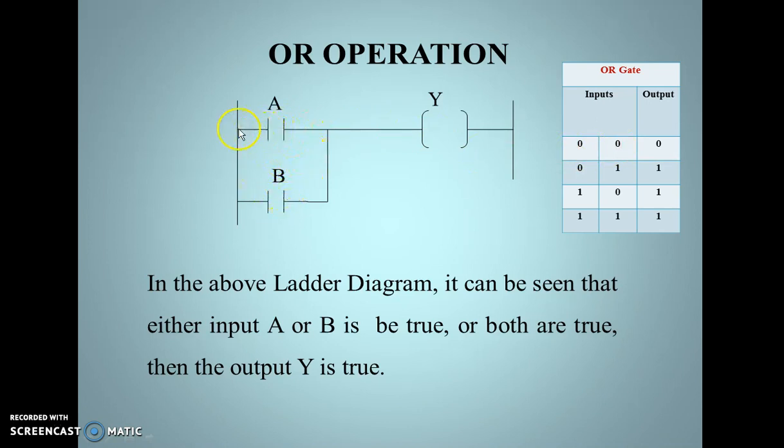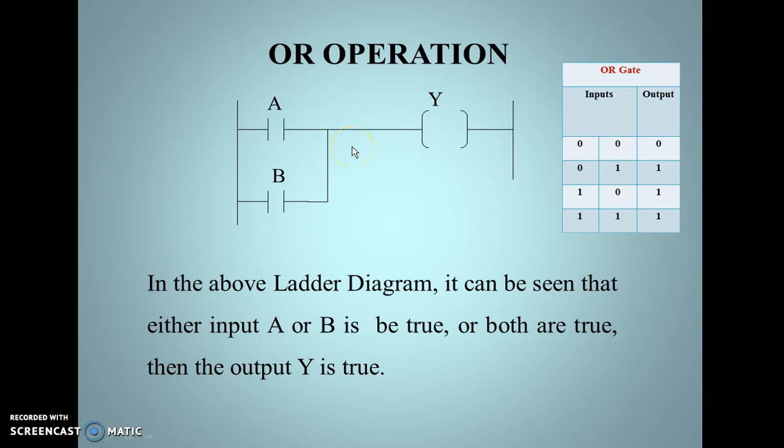When logic 1 is applied to the contact A, we get the output, or when B is also applied as logic 1, then also we get the output. If any of these or both of these are at logic 1, then we'll get the output. The only case we don't get the output is if none of these are provided with logic high, which means when both are logic 0, there is no output at all.